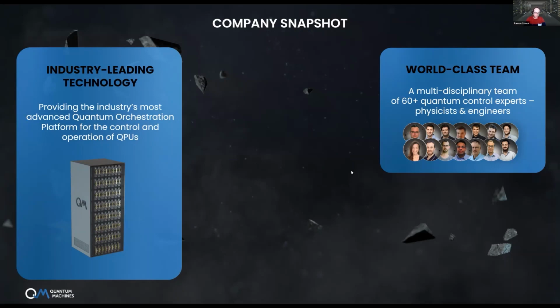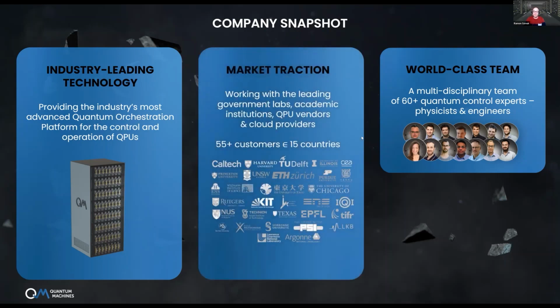And we will, of course, delve into the details of what exactly that means, and in particular, how that looks for AMO processors, for neutral atoms in particular. We already have some traction: we have more than 55 customers in more than 15 countries.